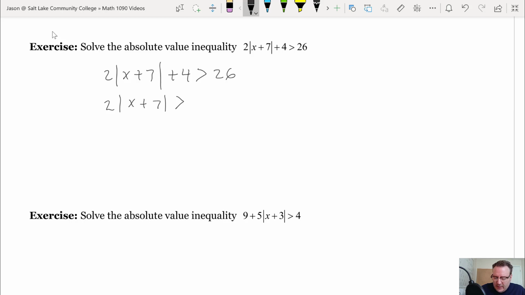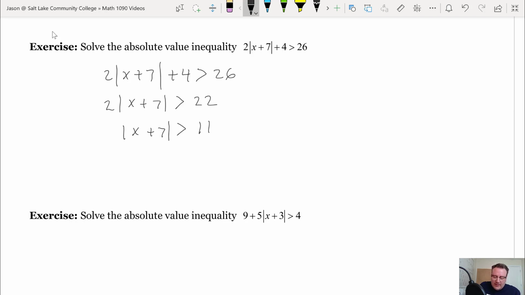So 26 minus 4 is 22. And now divide both sides by 2. 22 divided by 2 is 11. And now I have a single absolute value expression on the left, and I have a constant on the right.